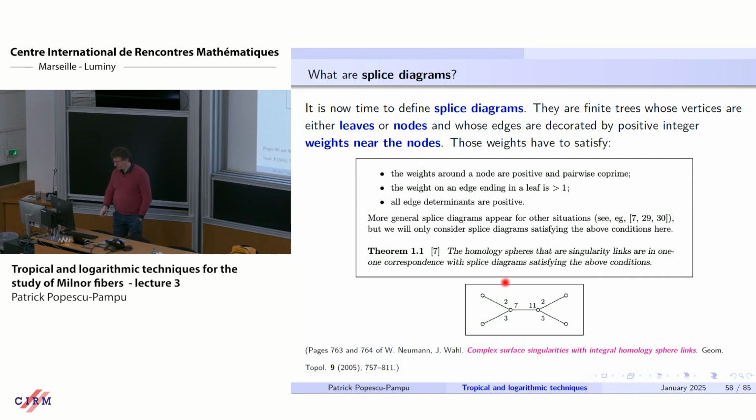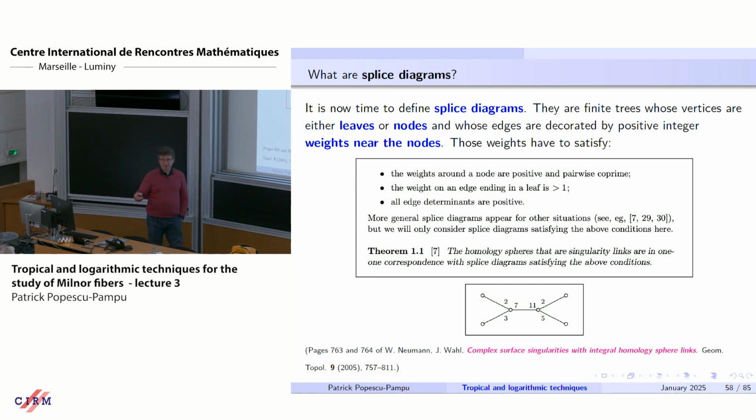So here we fix an edge between 2 nodes. There is only one in this example. And we start with a product 7 times 11, 77. And then minus a product of the adjacent edges, all of them, those adjacent to this edge. So 2 times 3 times 2 times 5, 60. So we have 77 minus 60. This is strictly positive. This is a condition.